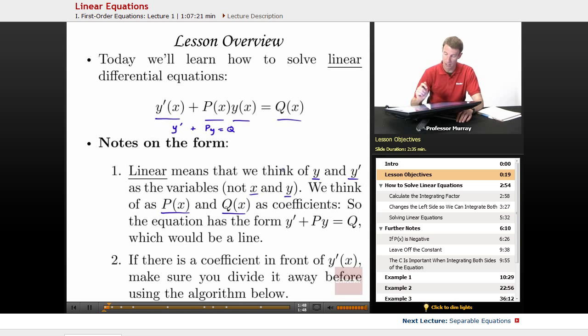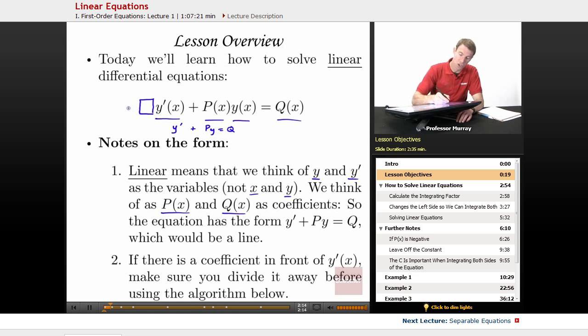Another note I wanted to make here is that if you have a coefficient in front of the y prime of x, the solution method that we're going to learn on the next slide doesn't work until you get rid of that coefficient. So what you have to do is divide both sides by that coefficient to give yourself a nice clean y prime of x with no extra coefficient.